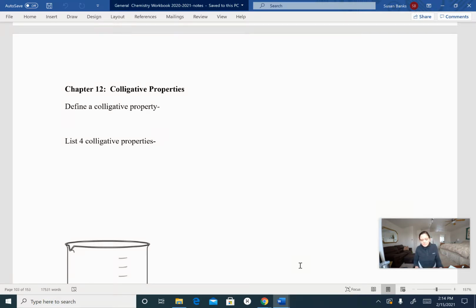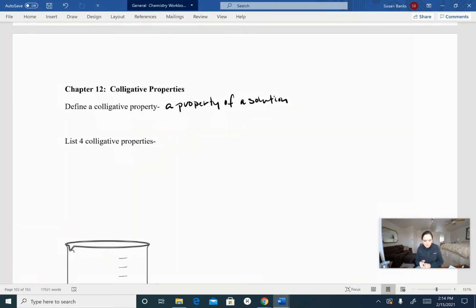Now I want to define what a colligative property means, and we're going to talk about 4 different colligative properties. Okay, so colligative properties, let's define it right here, is a property of a solution. So it has to be dissolved down to the molecule level.